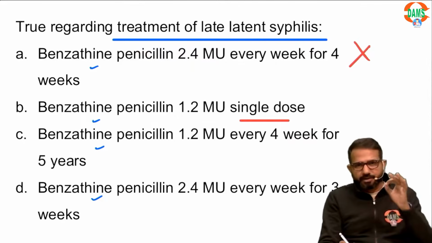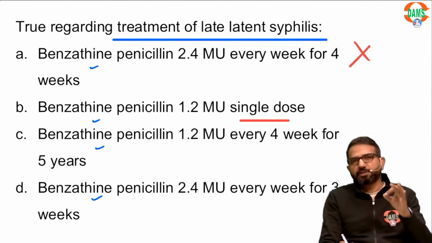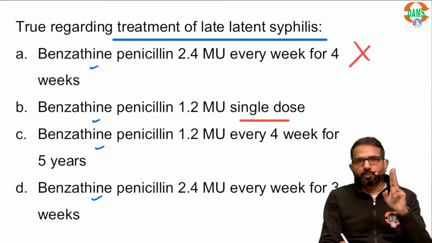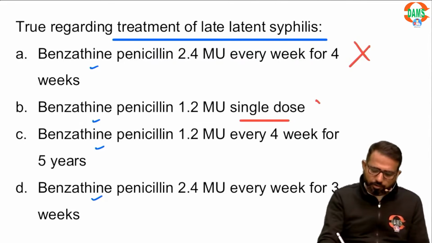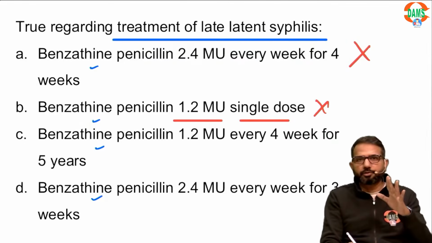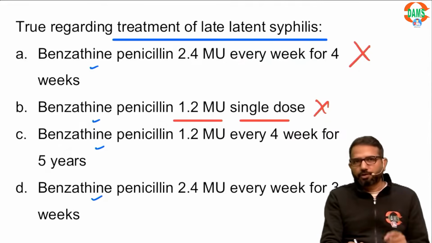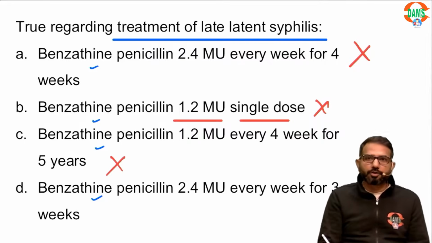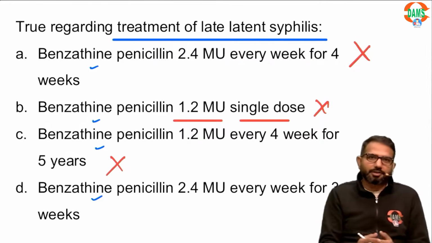In primary syphilis and early latent syphilis, we use a single dose, and that is not 1.2, that is 2.4 million units. So this is not correct. 2.4 million units single dose is for primary syphilis, not 1.2.